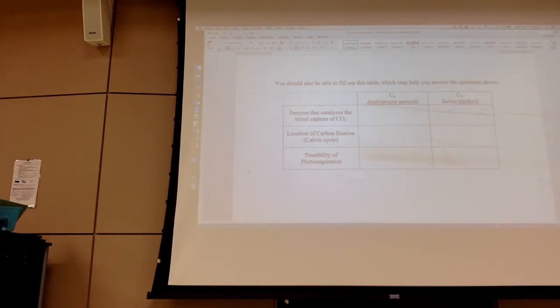This table is asking you about, for a C4 plant, which enzyme catalyzes the initial capture of CO2? Where is the Calvin cycle or carbon fixation located? What is the possibility of photorespiration? Is it high? Is it low? So we still have some time in class. I want you first to fill out this table, and then I want you to answer those questions above it. Work on that right now.